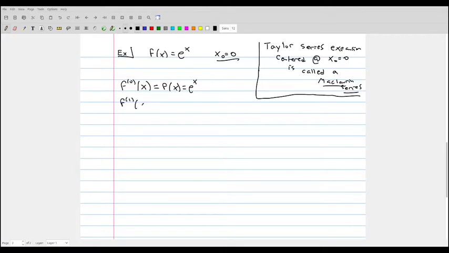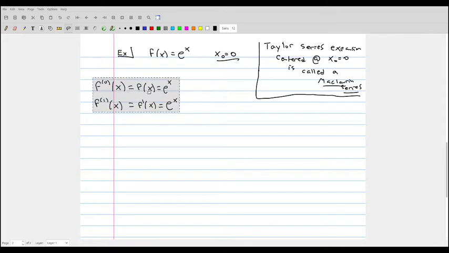The first order derivative, f prime of x, for the exponential function is just e to the x. The second derivative, or f double prime of x, is also going to be e to the x.